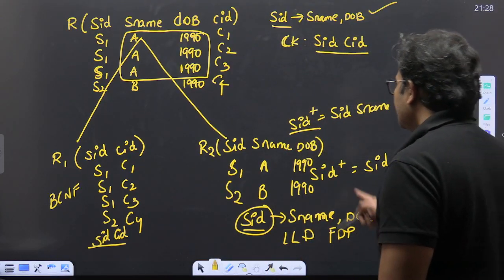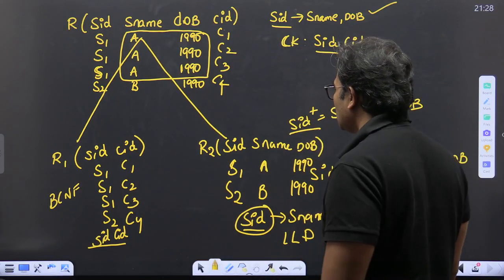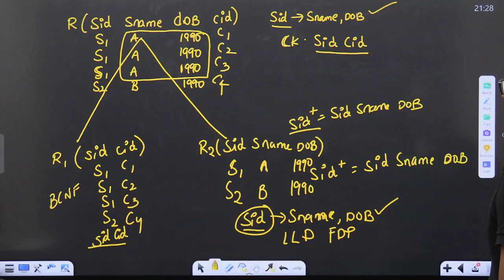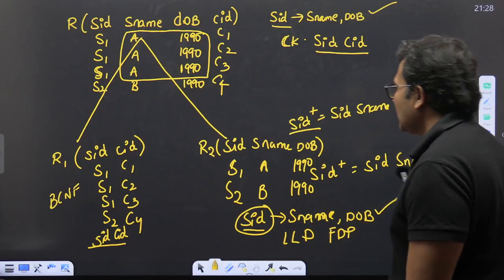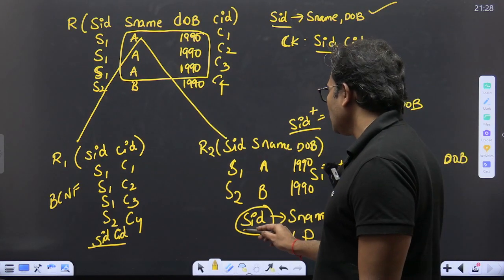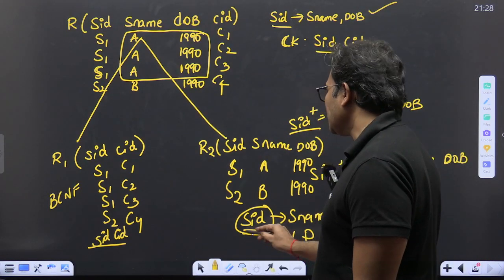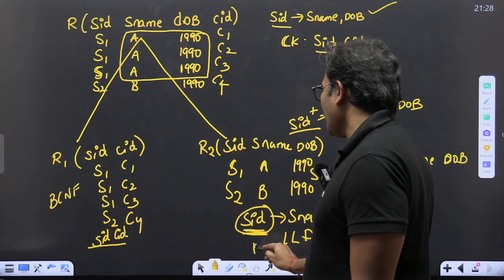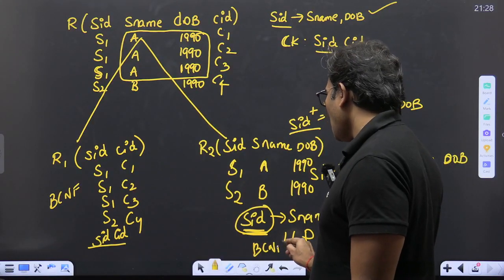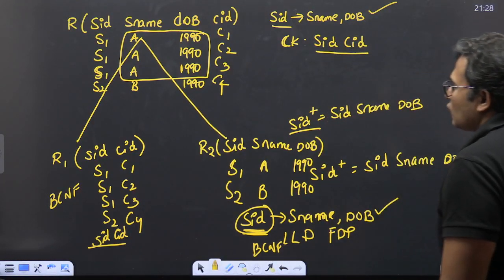Therefore, what can we say? Since the left hand side of the functional dependency is a candidate key, it is in BCNF. It is in third normal form also, and it is in BCNF also.